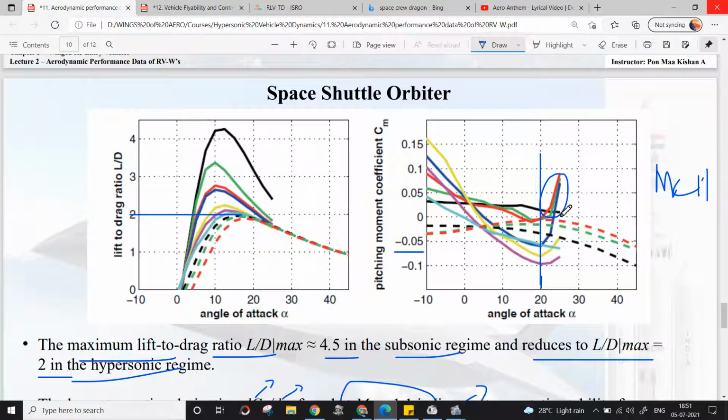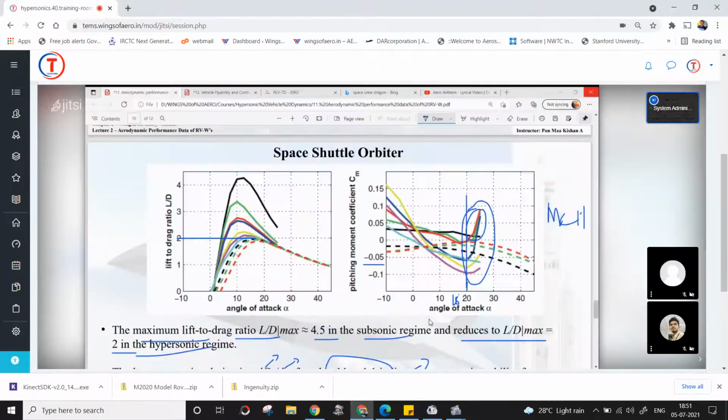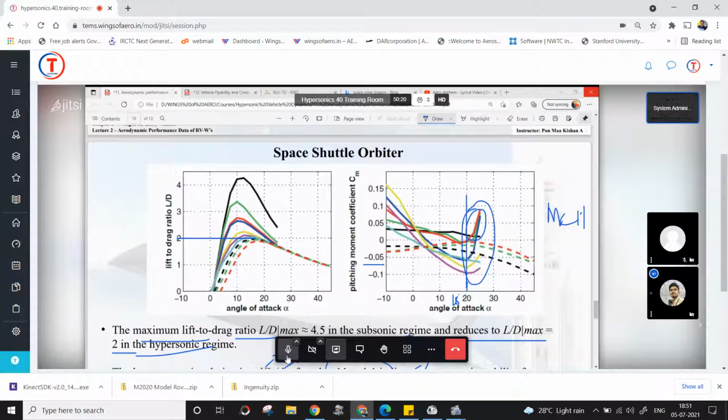Even though the graphs are shown with the research values, in the real life scenario they will be flying at less than 18 degrees for maintaining the stability at low speeds. Clear? Okay, sir.